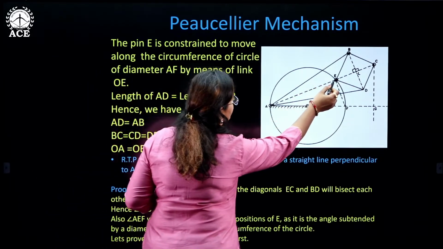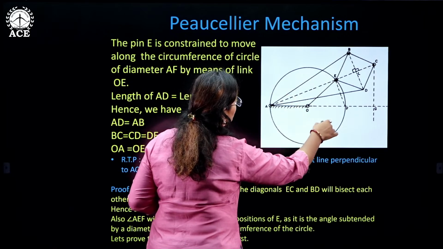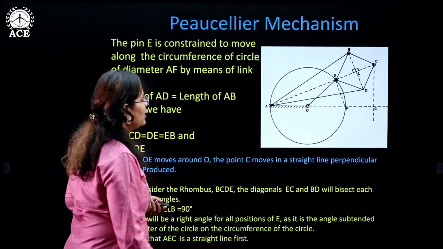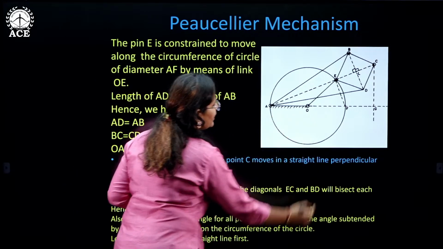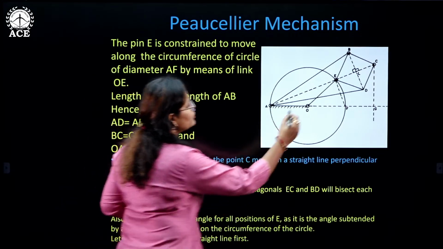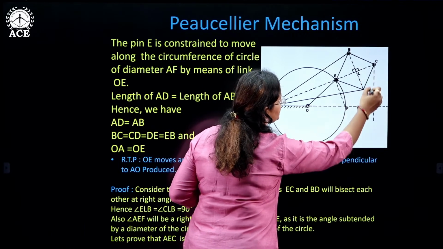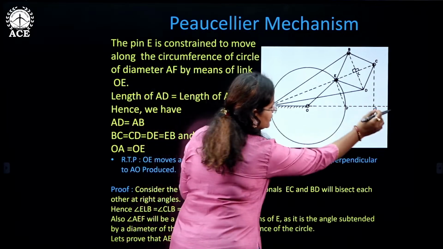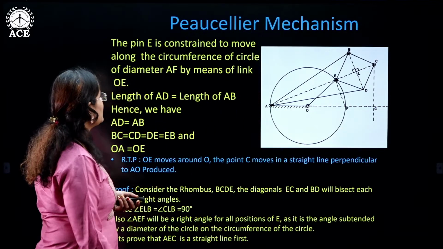Point E is able to make a complete circle and the radial distance from O is OE. OA is a fixed link. And we have to see how point C traces a straight line when the line OA is produced. So let us have the analysis.